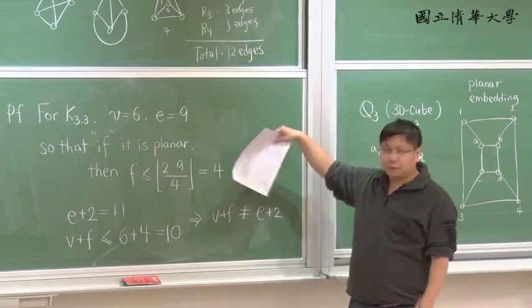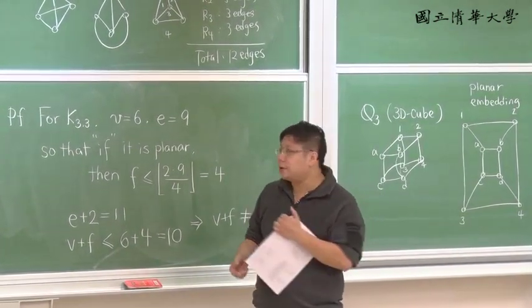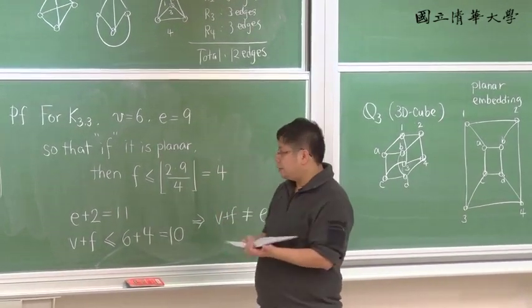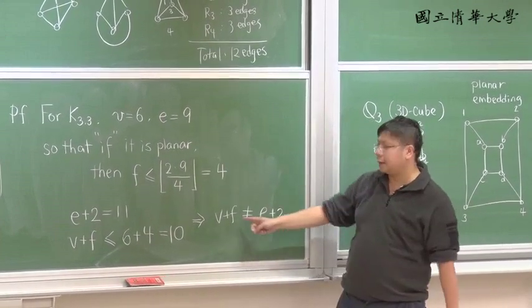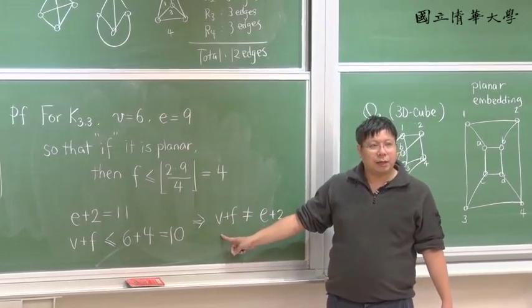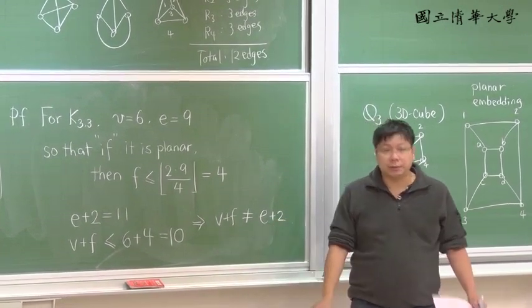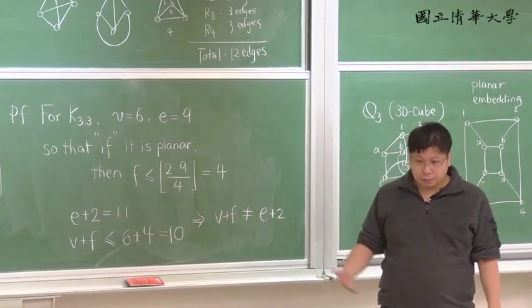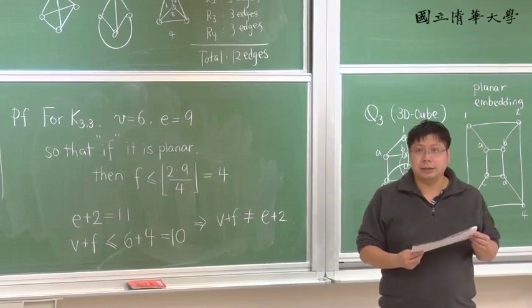So here we strengthen it a little bit, just by counting 4 edges rather than 3 edges for each surface. By making this stronger, we see that the Euler planar formula cannot be satisfied. So in that case, K33 must not be planar.